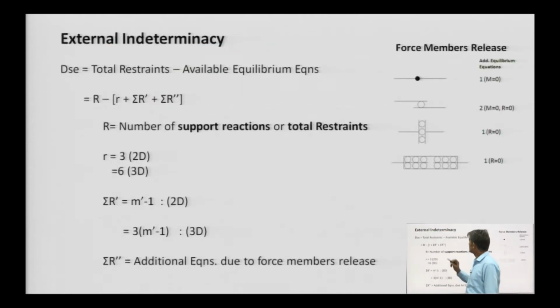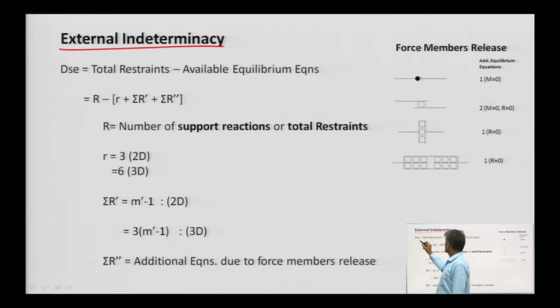Let us come to external indeterminacy. As I told you, static indeterminacy is the number of additional member forces apart from equilibrium.